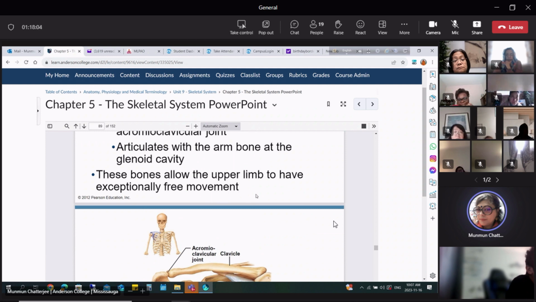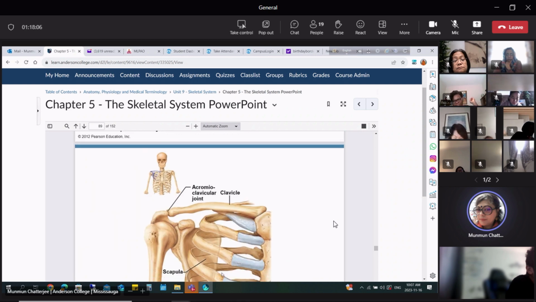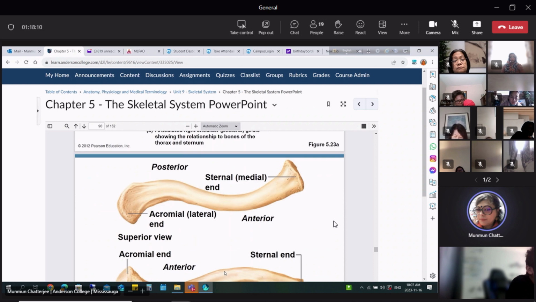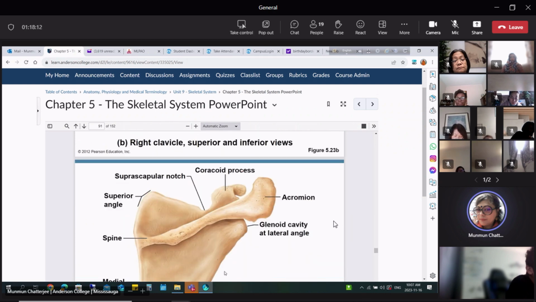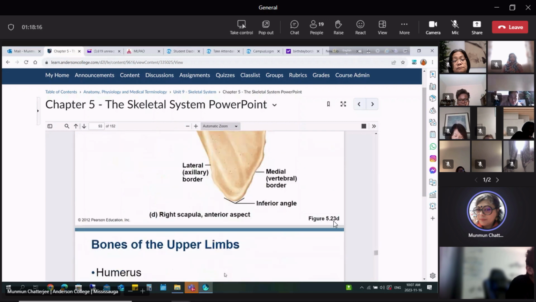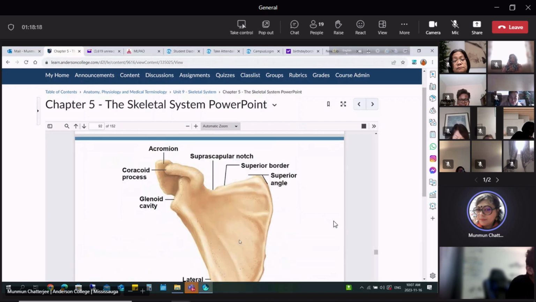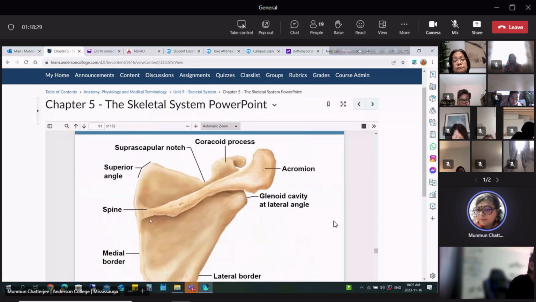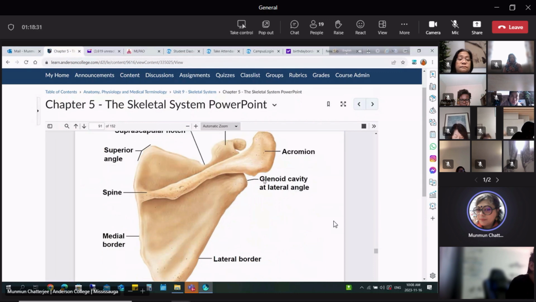It gives you the movement. The scapula looks like a fan-shaped blade structure, articulated with your arm bone, the humerus, and connected with the back in the clavicle.